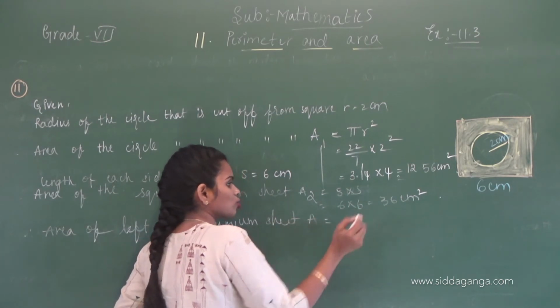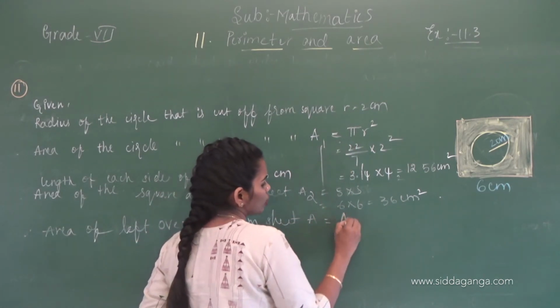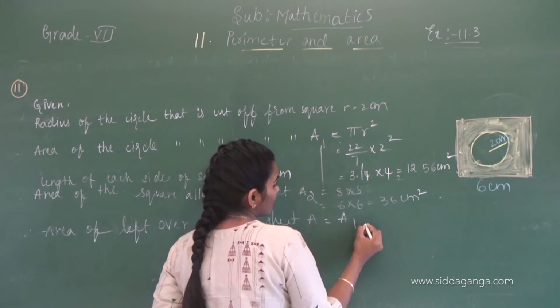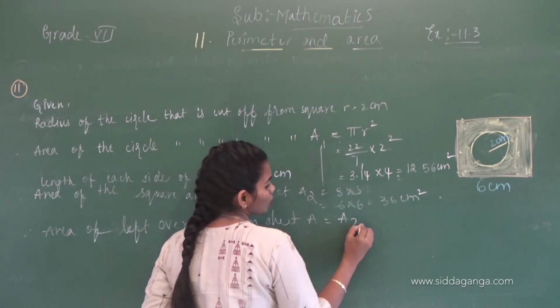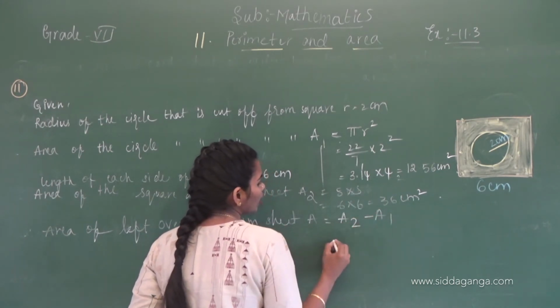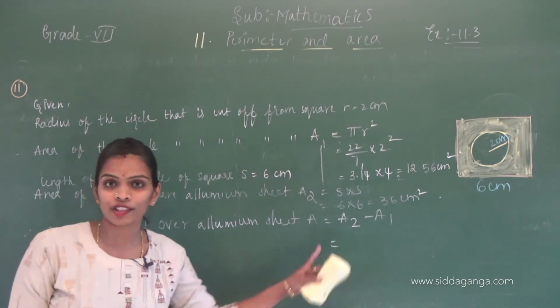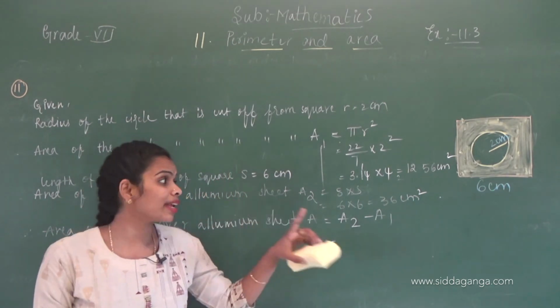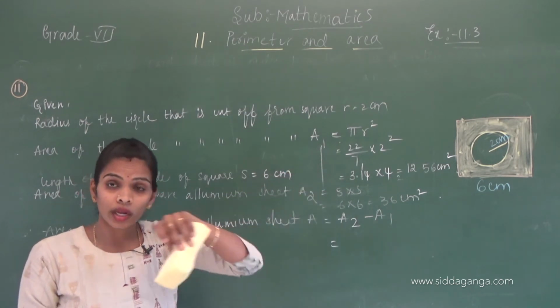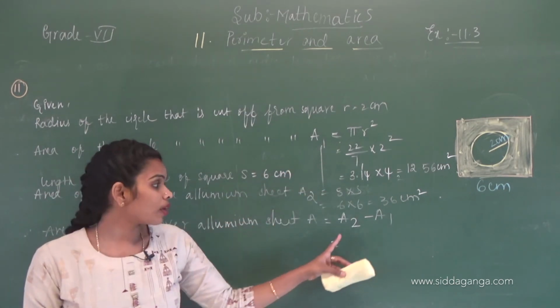A equals, we have to take the difference between these two: area of the square minus area of the circle.